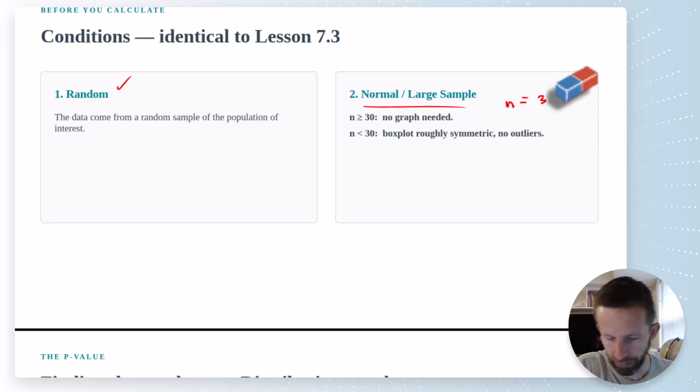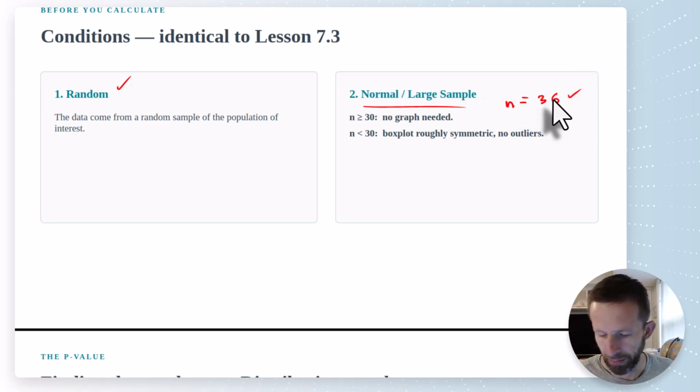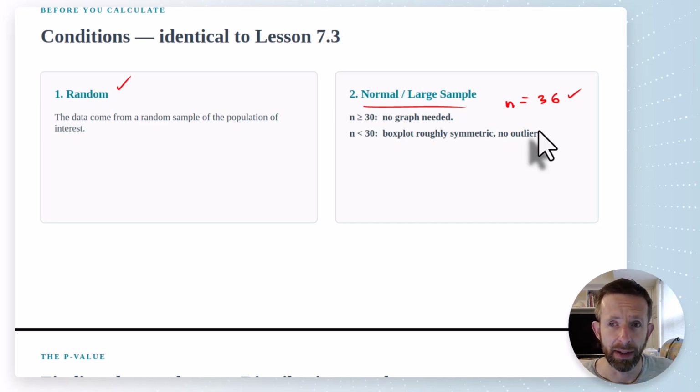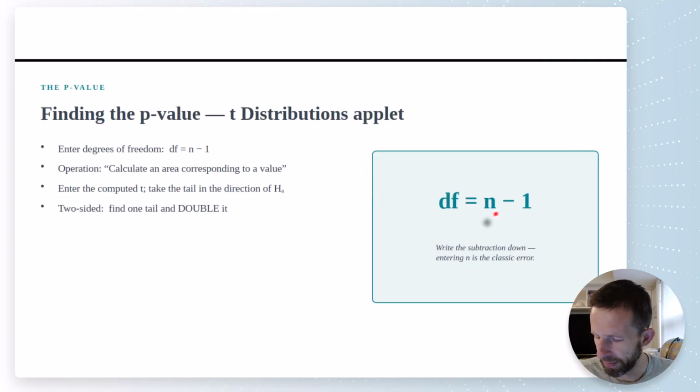If our sample size is less than 30, then we have to graph the data and make sure there are no obvious outliers or skew. Degrees of freedom is n-1. So if our sample size is 36, we would have 35 degrees of freedom.